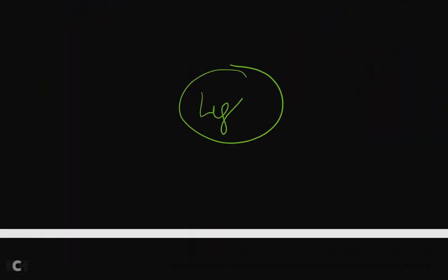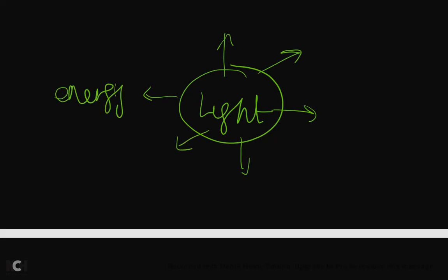Now, when I talk about light, I am talking about a form of energy. So I normally like to use a little bubble diagram and look at the main concepts associated with light. It is a form of energy. It can travel in a vacuum. It has a speed of 3 by 10 to the 8 meters per second in both air and in a vacuum.